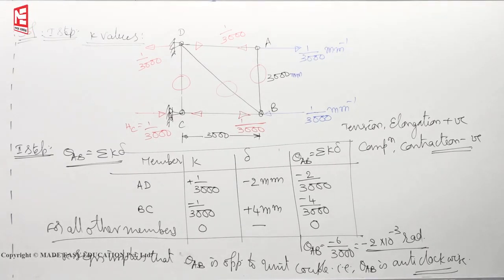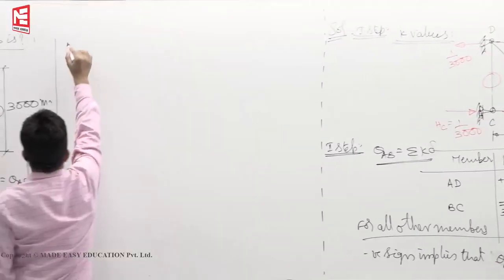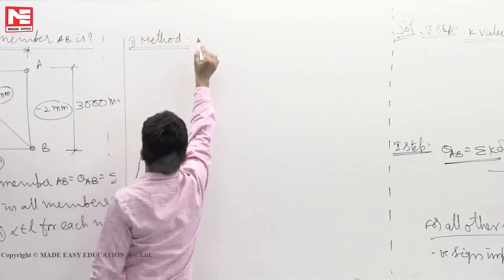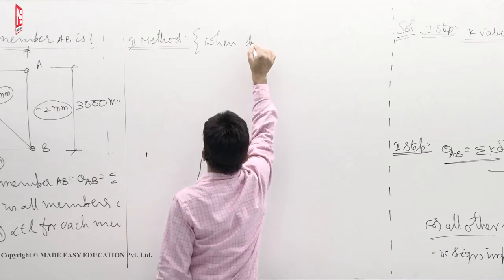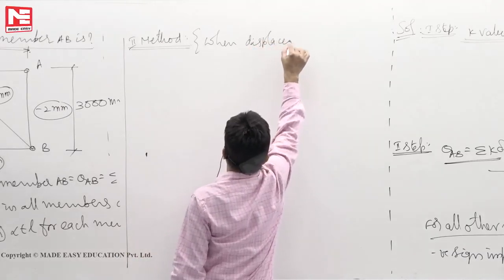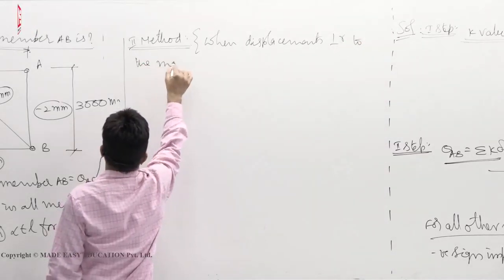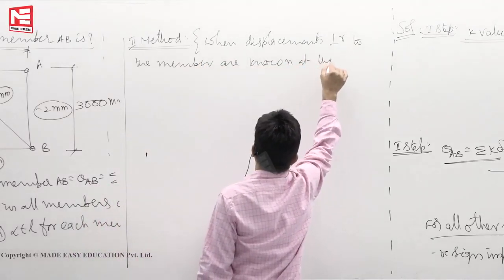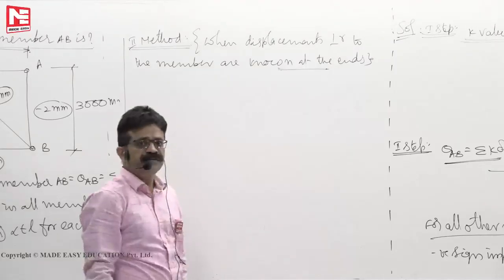This I remove. When displacements perpendicular to the member are known at the ends, then only you can simplify this one.